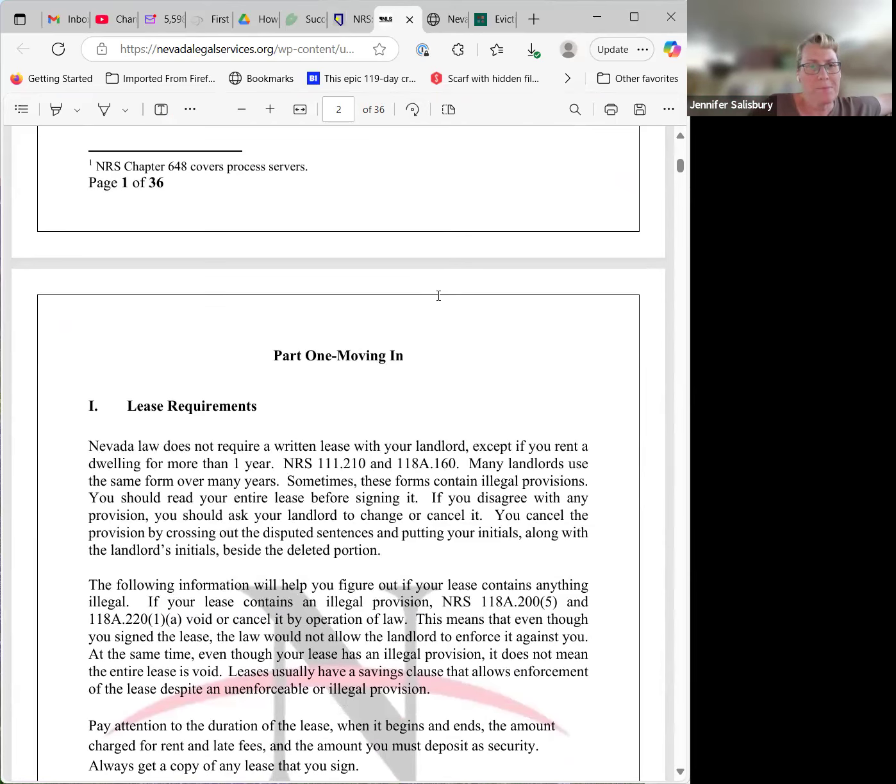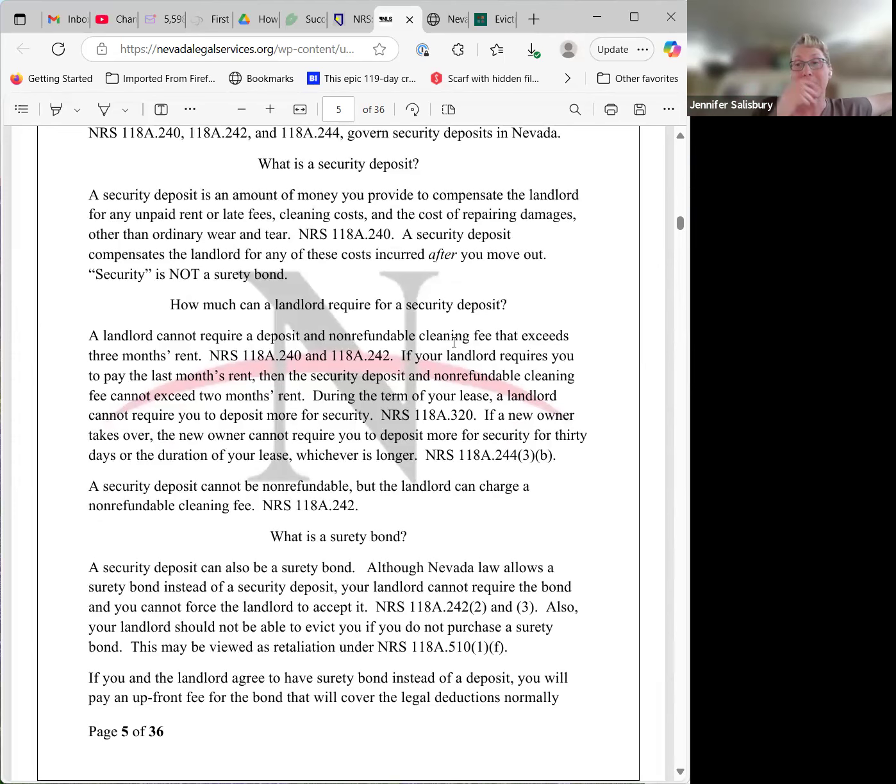How much can a landlord require for a security deposit? It cannot be more than 3 months rent. Wow, that's a lot. It's usually 1 month rent, sometimes 2, maybe, but they're saying no more than 3. If your landlord requires you to pay the last month's rent, then the security deposit and non-refundable cleaning fee cannot exceed 2 months rent. Boy, that is a lot.